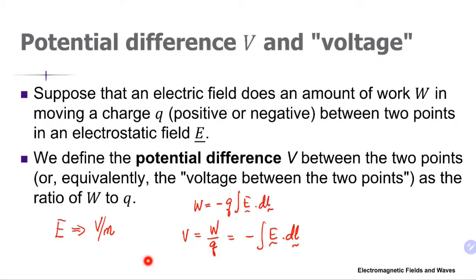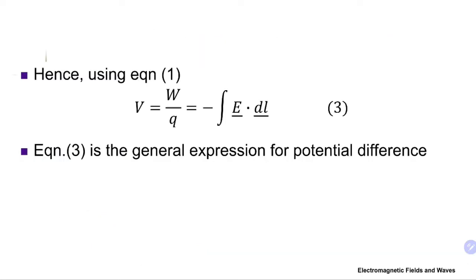Our electric field dot dl, dl has the units of meter, and therefore this gives you our potential difference, which is minus the integral of E dot dl.